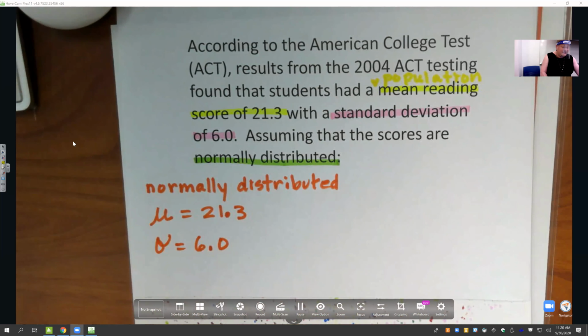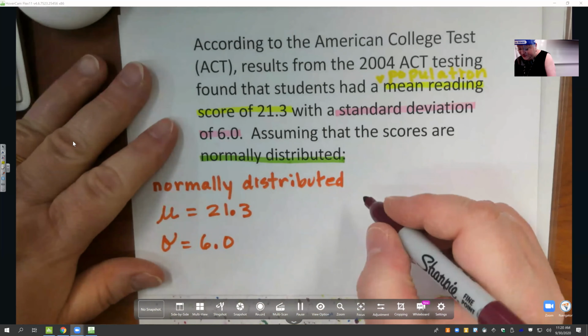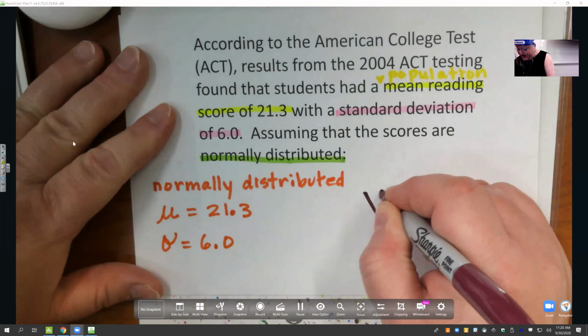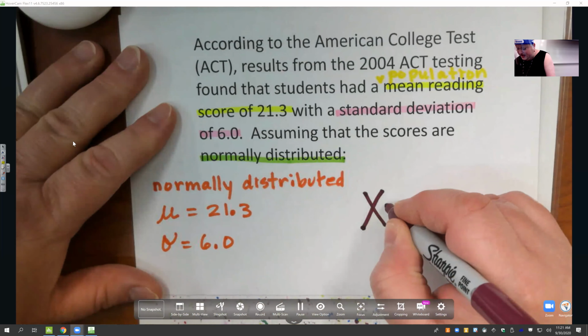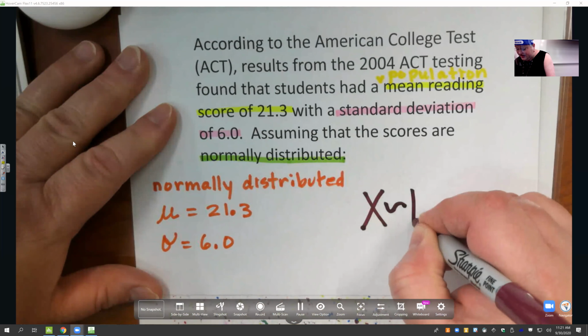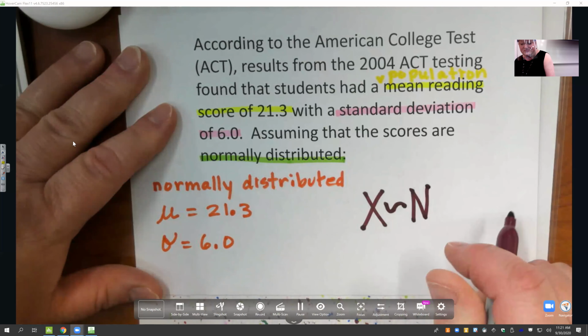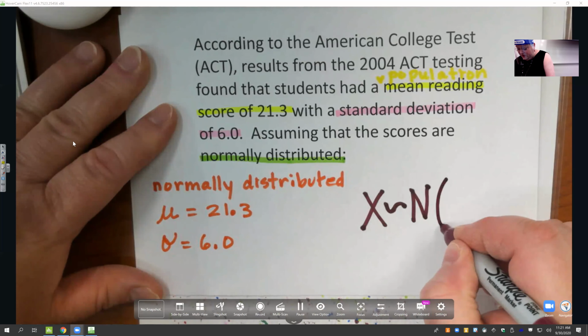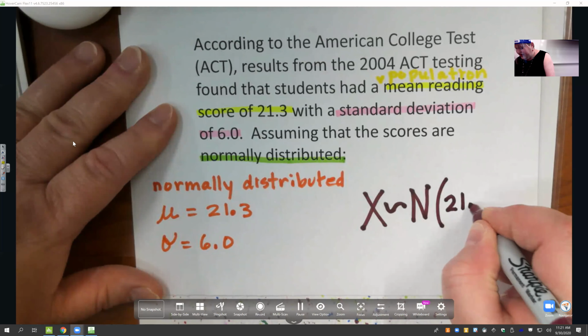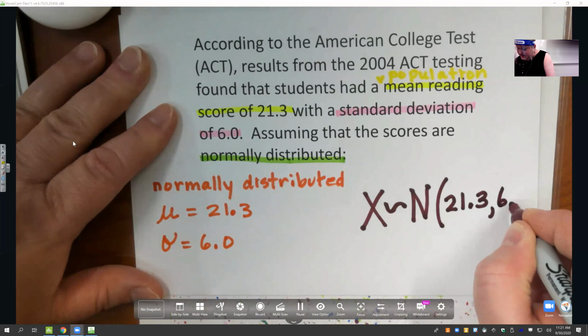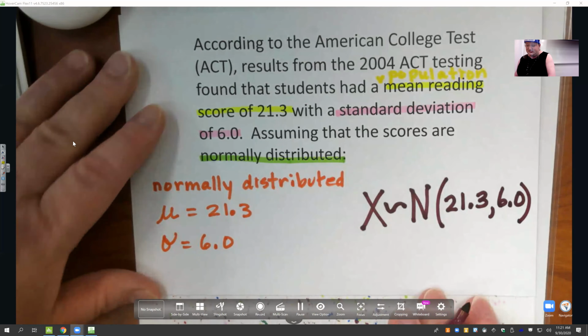There is a fancy notation that you might see the computer use or see your textbook use. It's written this way. It says, my variable x approximates a normal distribution. We use the letter N for normal, with a mean of 21.3 and a standard deviation of 6.